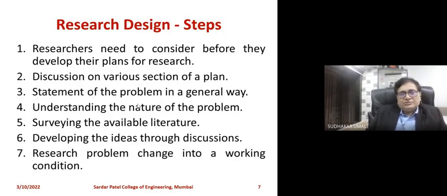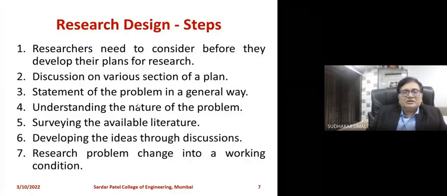So we have some of the steps we are following during research designs. There are so many steps, but I will not explain each and every step. I have entered here some of the important steps during research designs. First step is researchers need to consider before they develop their plans for research.